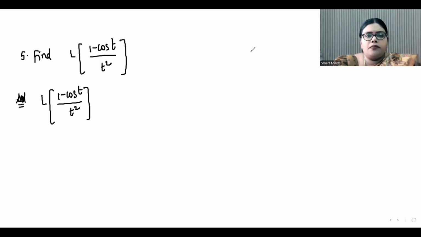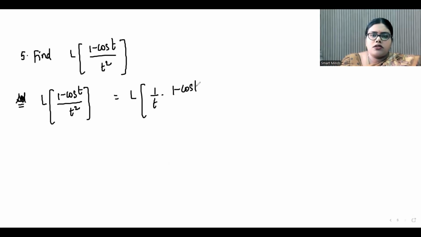Take the next problem. Find L of 1 minus cos t by t square. So what is L of 1 minus cos t by t square? Can I write this as L of 1 by t into 1 minus cos t by t? This is first equation.